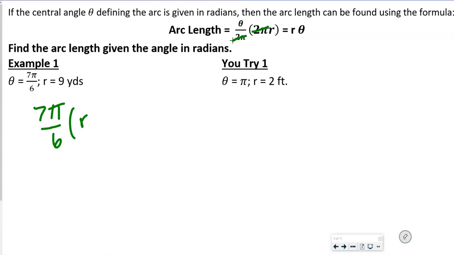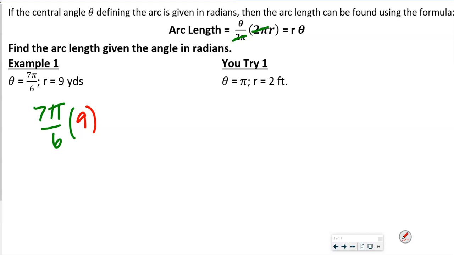Which is, in this case, and it's asking us to find the arc length given the angle in radians, okay? So this is going to be arc length, right? So what does that mean? This is circumference, yes? So, okay, so we're going to multiply that by 9. So, again, you can give the answer in radians or in degrees.